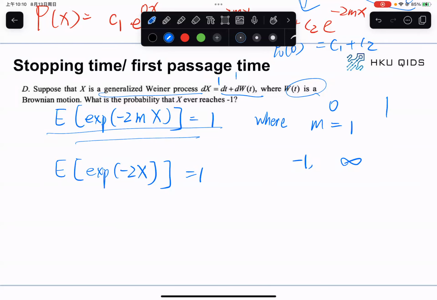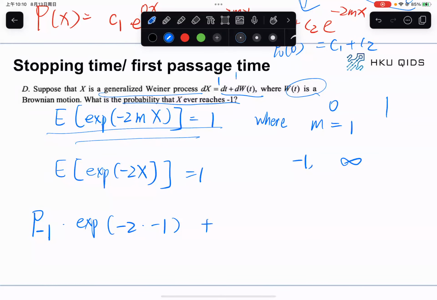And it suddenly becomes quite obvious, because we just need to see the probability that x reaches -1 is p(-1) multiplied by exponential -2 multiplied by -1, since a martingale stopped at a stopping time is still a martingale, okay?